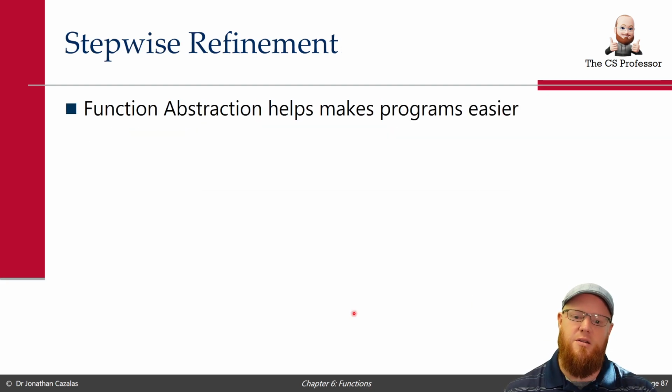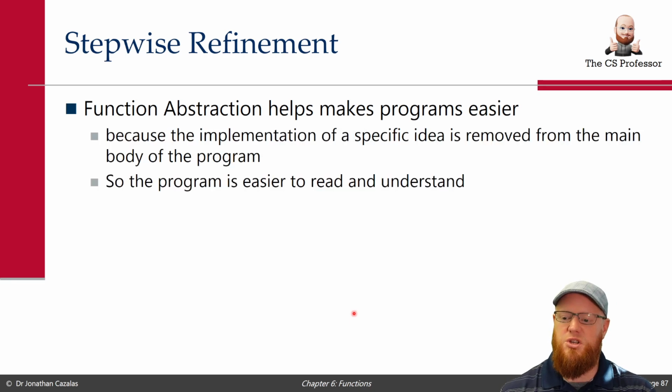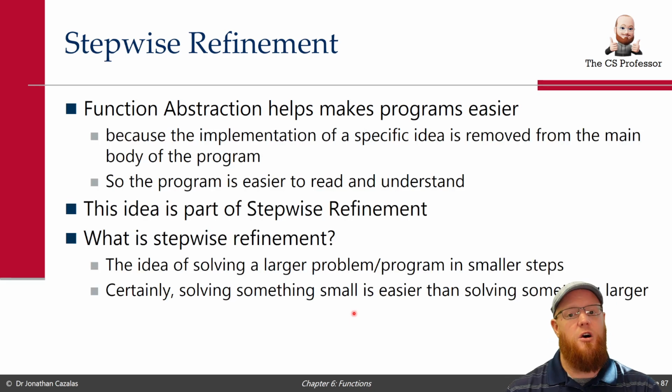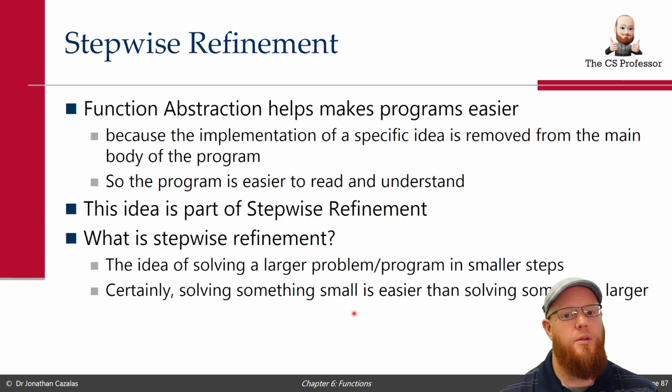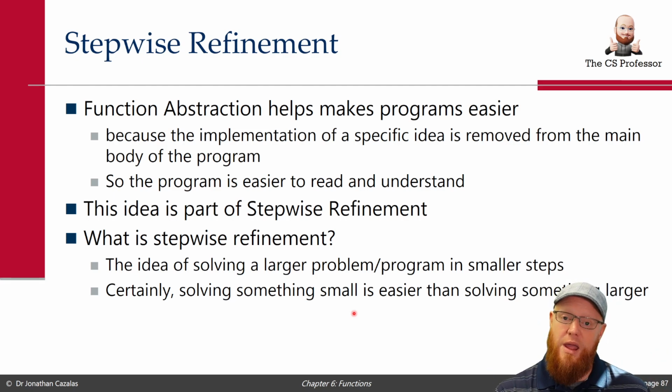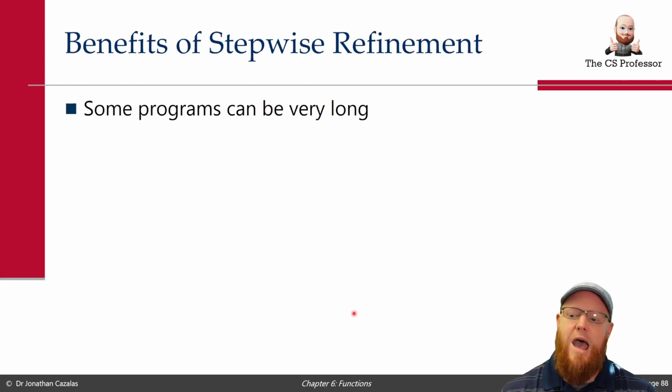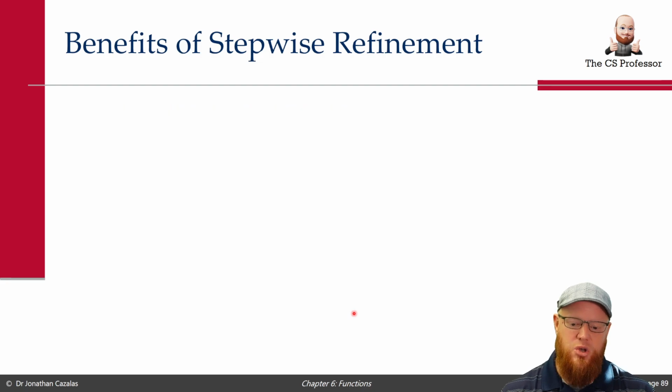And we end here with stepwise refinement, which is the idea of solving a larger problem by breaking it into smaller and smaller components. Because clearly, if you're given a huge program and told, go do it, well, that's kind of challenging. But if you can break it into smaller components, especially if those smaller components can take advantage of function abstraction, and we can offload certain components of this program into functions, it absolutely makes your life so much easier.